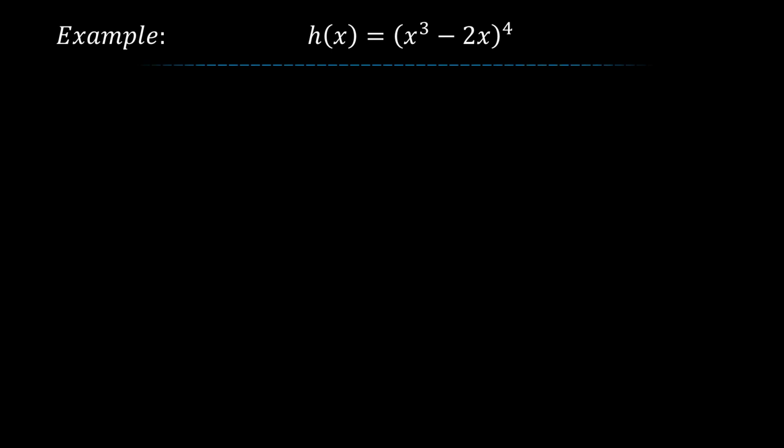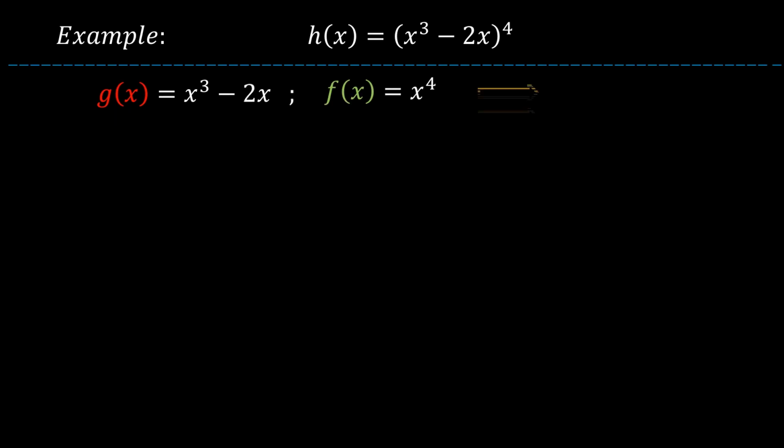For better understanding, let's solve one example. Consider a function h of x equals x cubed minus 2x, raised to the power 4. To find the derivative, we can consider g of x equals x cubed minus 2x, and f of x equals x raised to power 4.